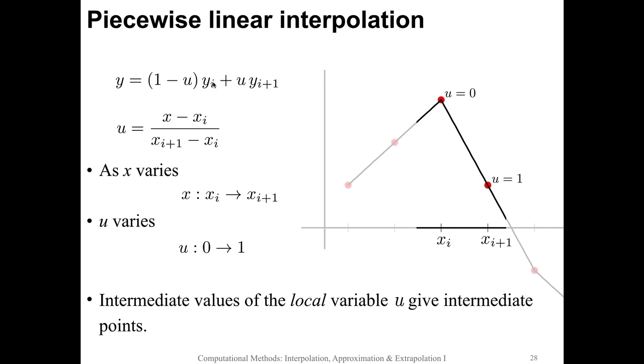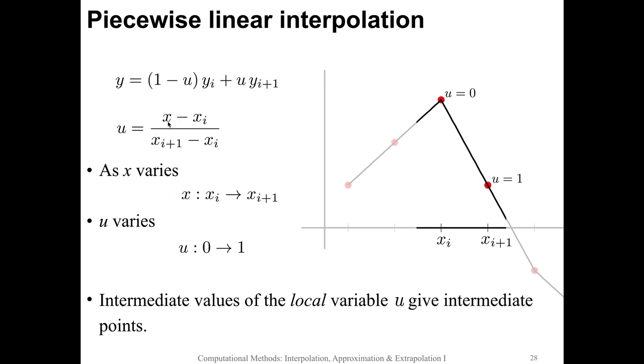I've switched suffixes here to y, but that doesn't really matter. We have an interval between yi and yi plus 1. We blend them together with u and 1 minus u. Note that the weights add up to 1, so we've got a linear combination of the two. And here's our expression for our change of variable, u in terms of x.